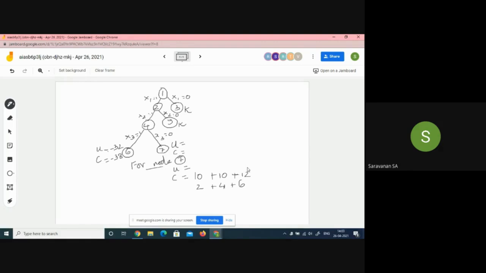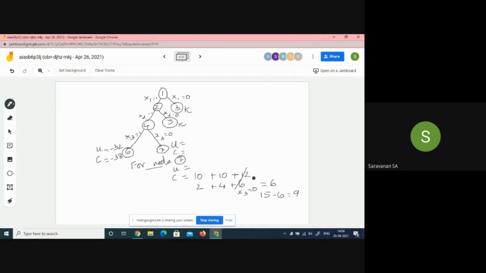Here I am not including x3, because x3 is 0 here. Then we are going to calculate the total weight. So 4 plus 2, it is 6, correct? Then 15 minus 6, how much? Exactly 9 more weight can be added.